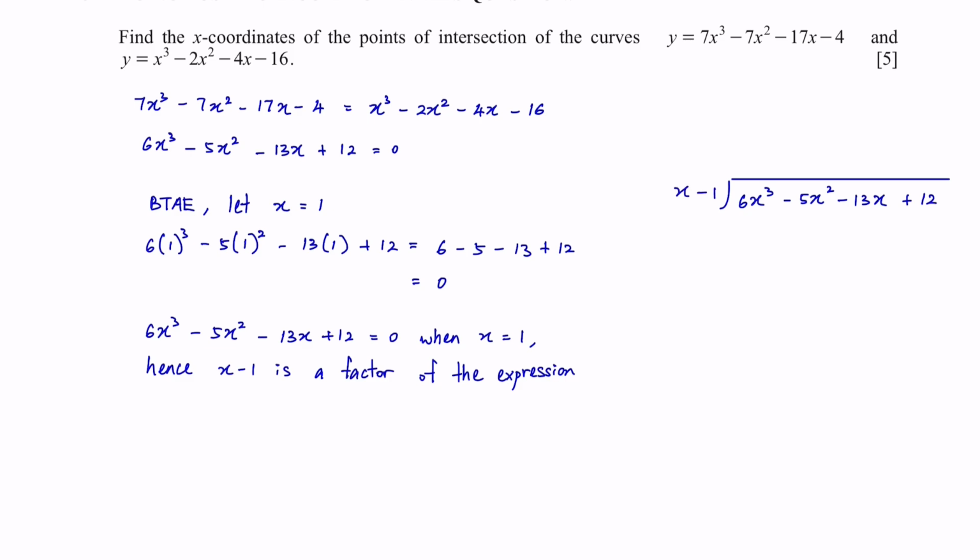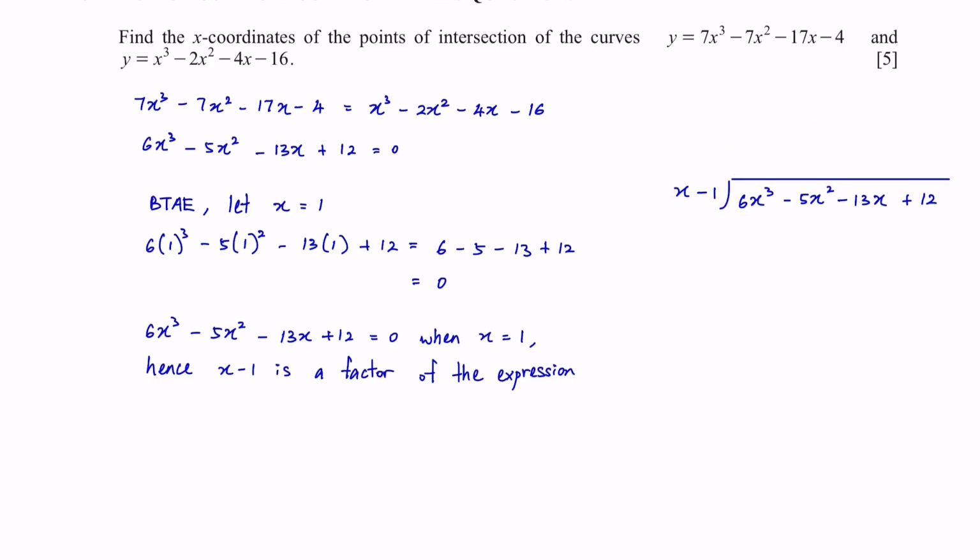Okay, so we use long division to find the other factor of the expression. So our goal is to take the quotient here, multiply by x minus 1 to get this expression.